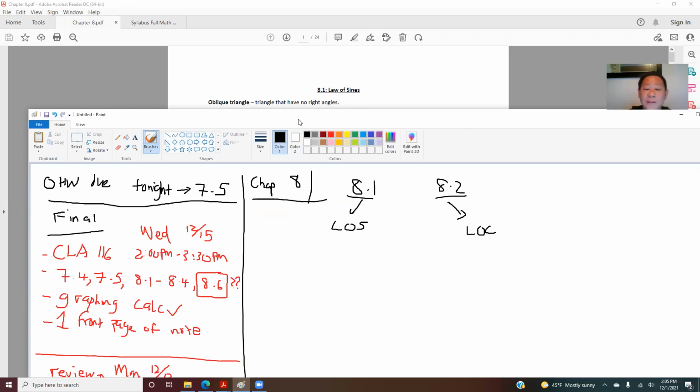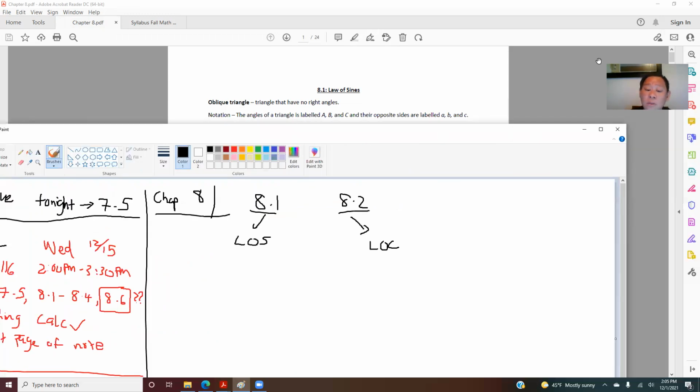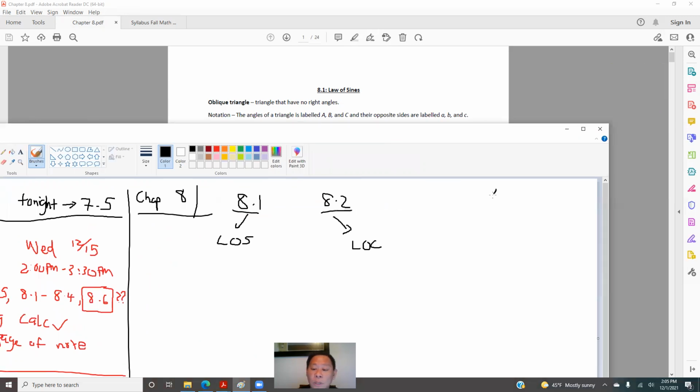The first thing I need to teach you is how to label your triangles, because if you label wrongly, everything will be wrong. We use capital ABC for angles, and lowercase abc for the sides.